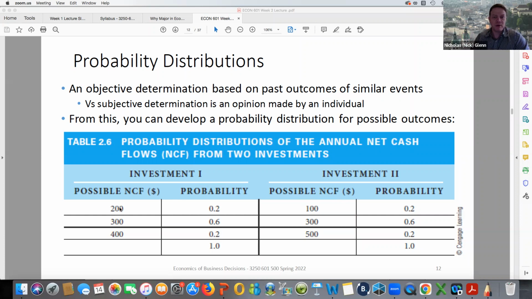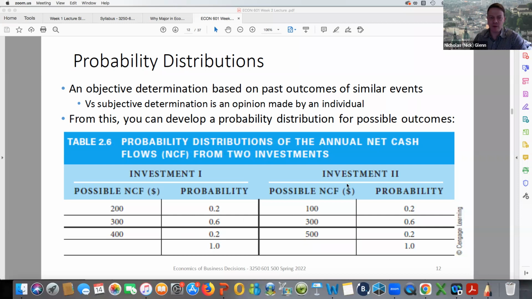Your net cash flow from investment one is $200 with a 20% probability, $300 with a 60% probability, and $400 with a 20% probability. When you're doing these probabilities, they need to add up to 1. They need to account for every possible event or return that you're going to get, and that's what this does. You add these up, and that's 1.